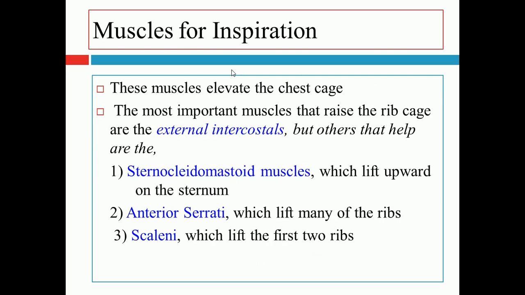So the muscles for inspiration are the external intercostals. These muscles elevate the chest cavity. Simple. Just close your eyes, put your right or left hand on your chest, and take a deep breath. A very quiet deep breath. You will see that your chest cavity will come up.